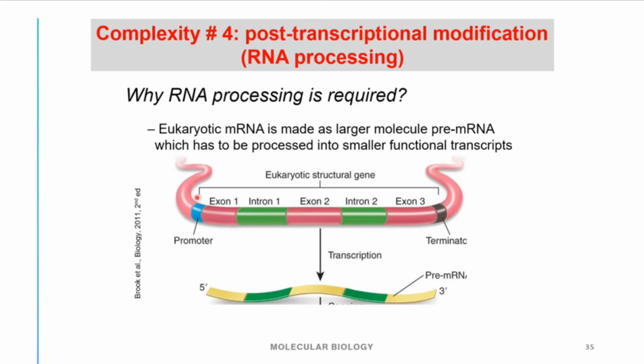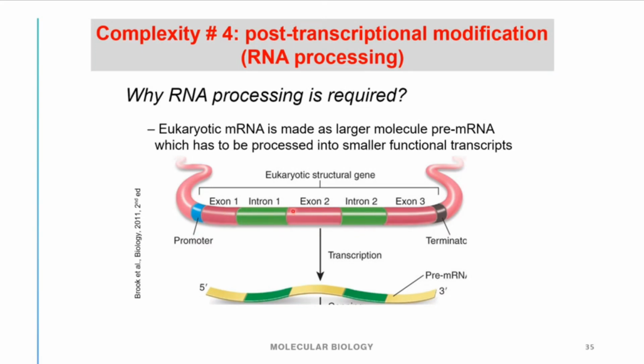Inside this picture, you can see a eukaryotic structural gene. We are quite familiar with the promoter and terminator sequences already. There are also these red and green parts inside the gene, and they are called exons and introns. So what are they?